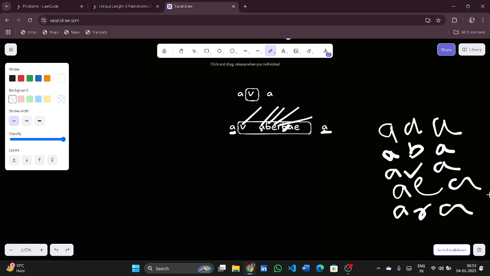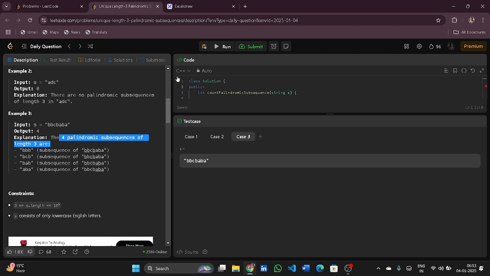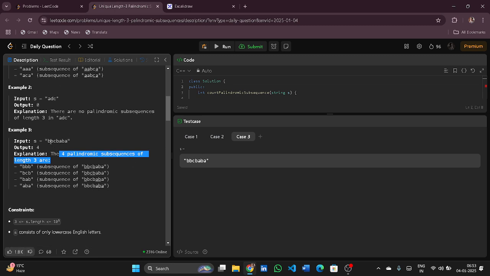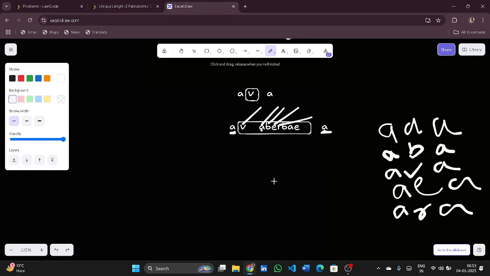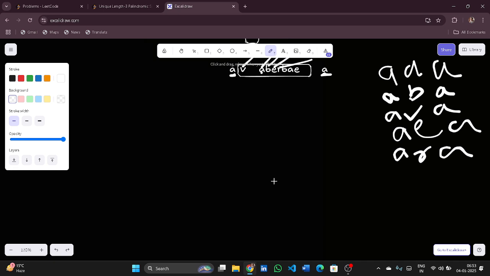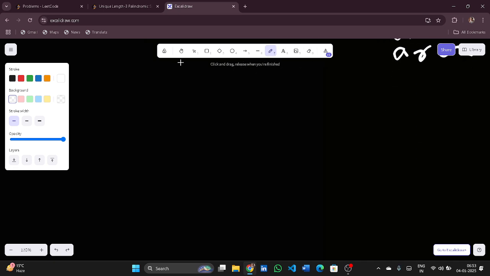The reason I am not taking this is because here you got B one time and you got another one here, but you are not including it. So what I'm going to do is count the number of distinct characters between two similar characters. Let me see how I can do that.